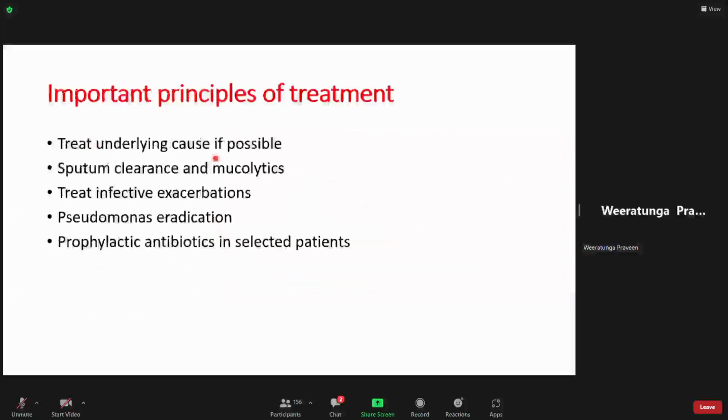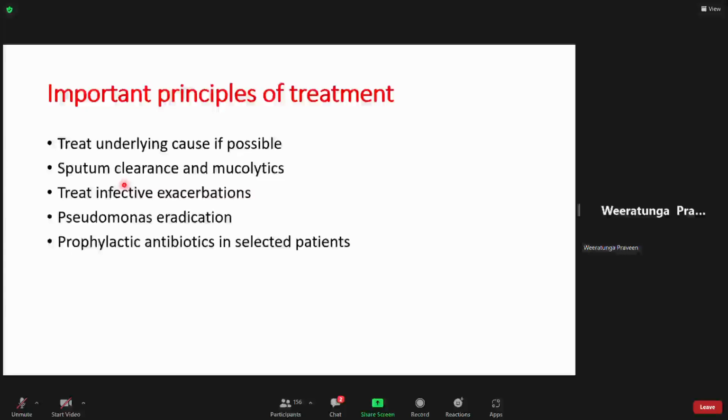So in management, try to treat the underlying cause. The important thing is sputum clearance. Postural sputum drainage becomes an important component in the management. Things like carbocisteine to clear off the secretions are important.